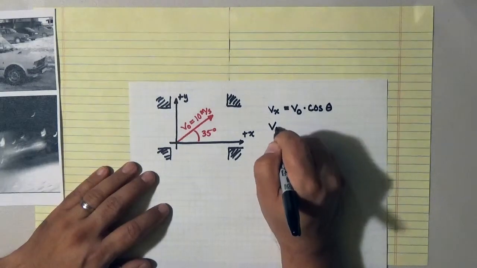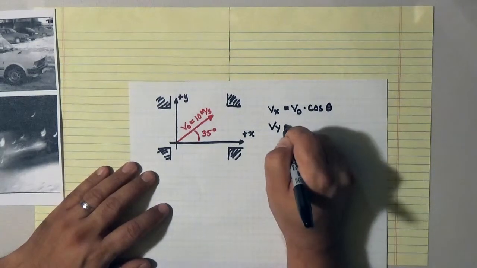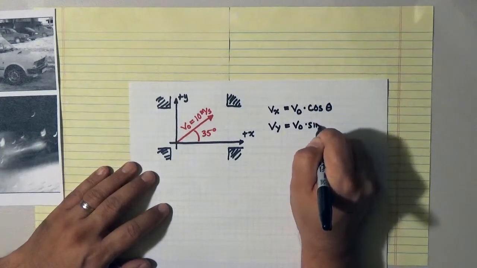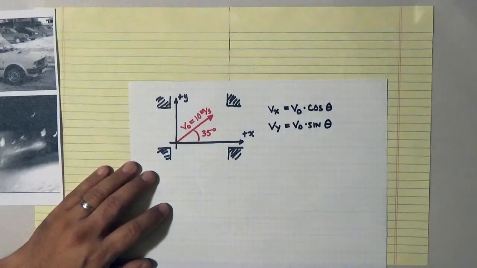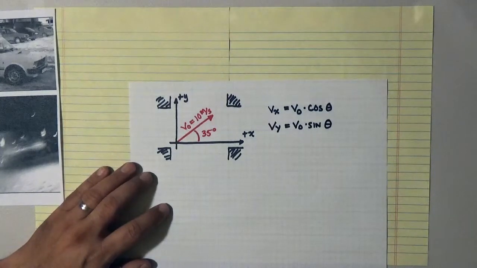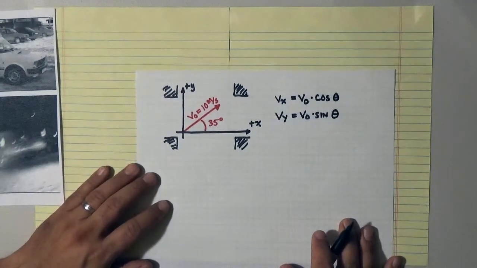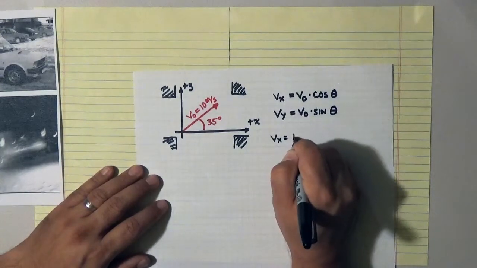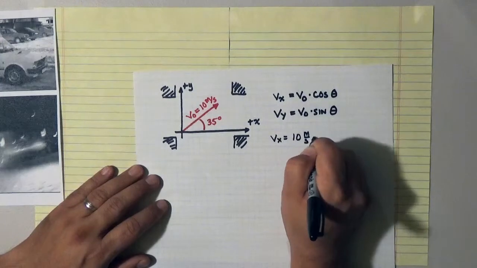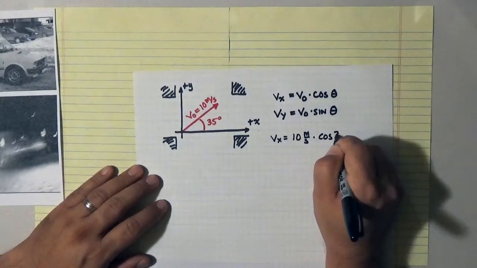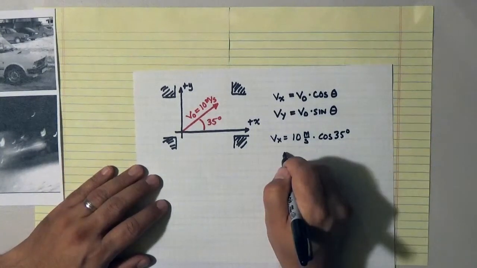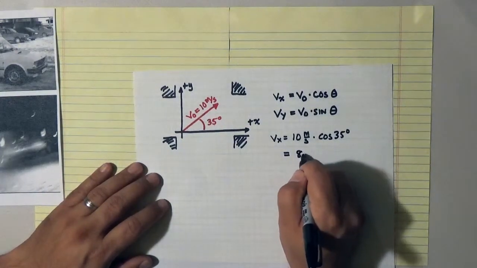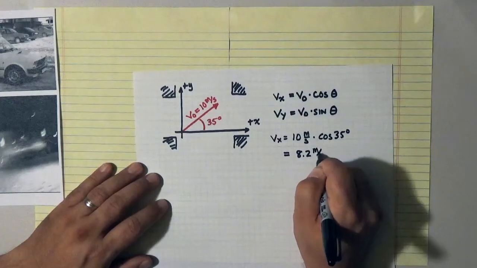And similarly, the y component of this is the magnitude of the vector times the sine of the angle that it makes with the x-axis. Now I can numerically compute what those things are. Vx is 10 meters per second times the cosine of 35 degrees. And if I calculate that value, I get that it is 8.2 meters per second.